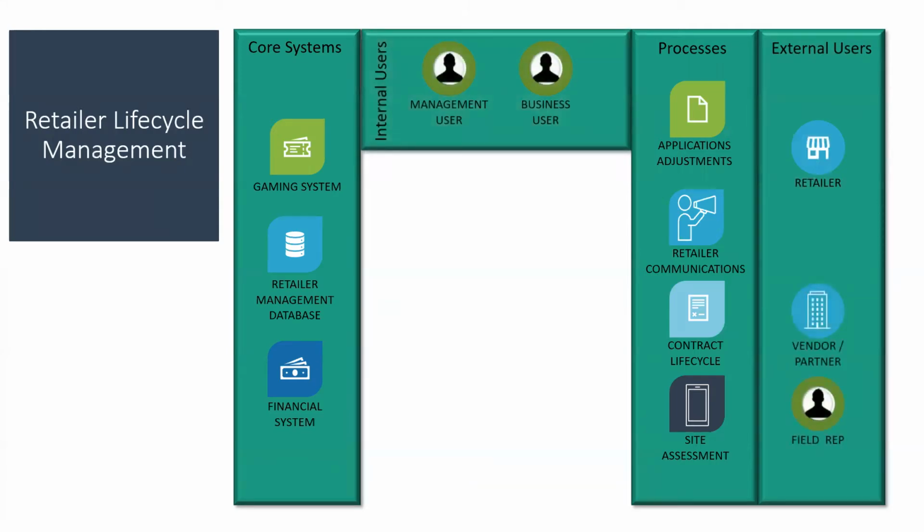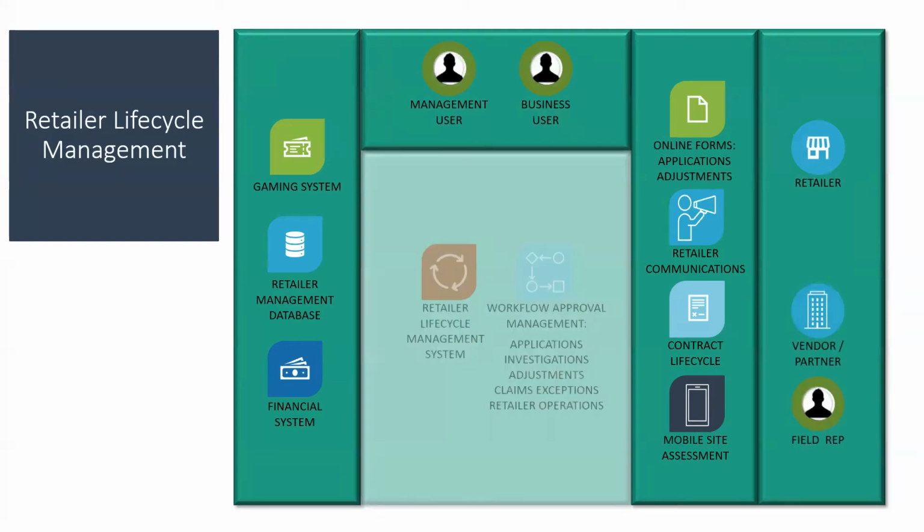Then we have the users. They're the internal users, the business user who manages the tasks, the management users who look at the entire process and makes decisions based on that process, the field rep who's interacting with the retailer themselves, and then the vendor partner, which has a different type of contract lifecycle in itself.